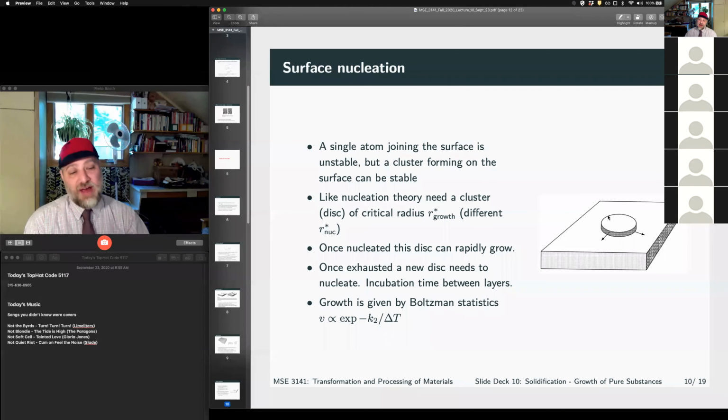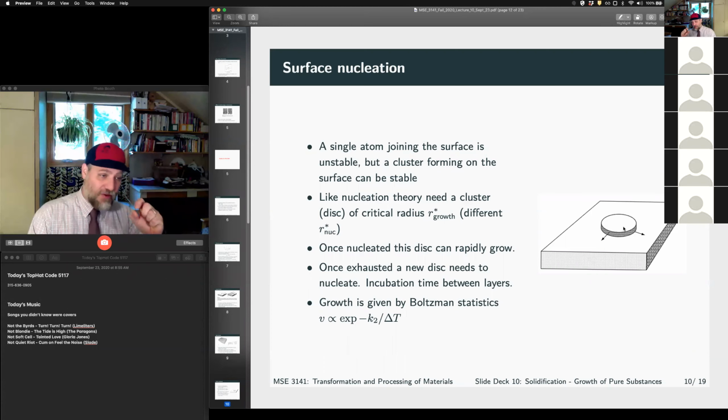So what we have here is this disk that's going to nucleate. It's then going to grow pretty fast relative to how hard it is to nucleate. So what you end up with is an incubation time between layers, right? So you have a step growth type behavior. We nucleate, we grow, we've grown one atomic distance high.